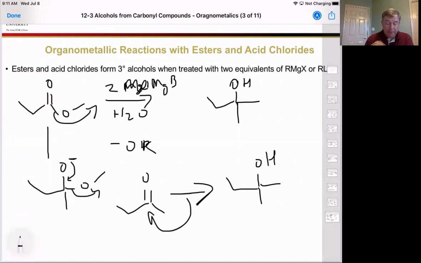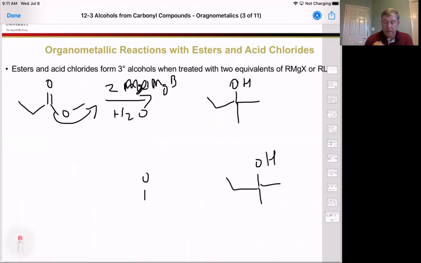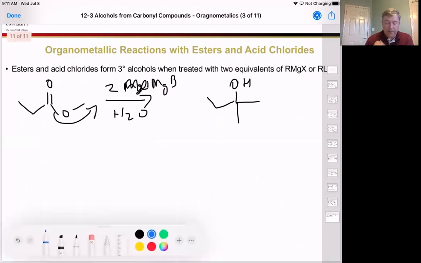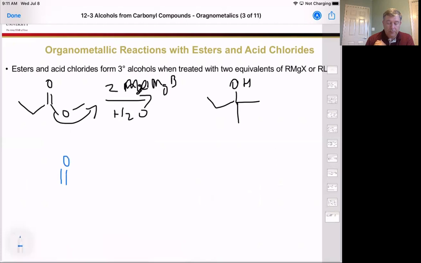A similar mechanism happens when we use an acid chloride. Let's use acetyl chloride here. The first step will generate our intermediate with our chloride ion, our oxygen anion right here.